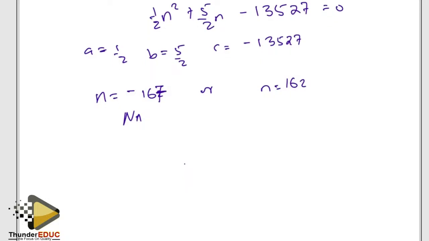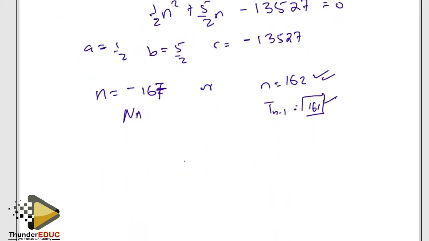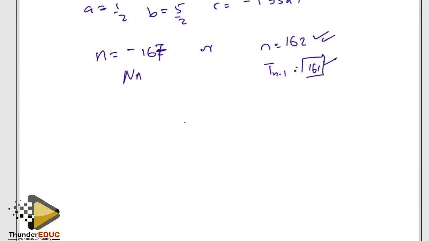Now, if we have 162 as our position, the number that we are talking about here will be at position 161 for the Tn minus 1. Just get this 161, substitute it into the Tn, get the value and do the subtraction.